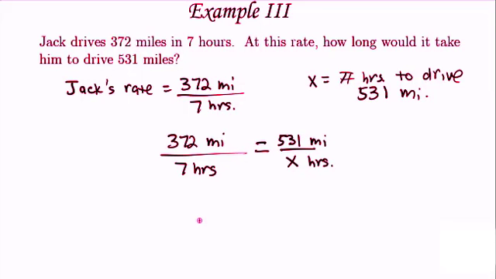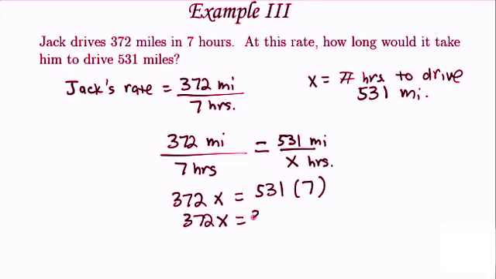Find the cross products, which will give you 372 X equals 531 times 7. Therefore, we have 372X equals 3717. Let's multiply that out for you. And then to isolate the X, divide both sides by 372.